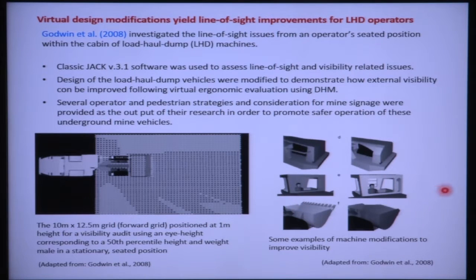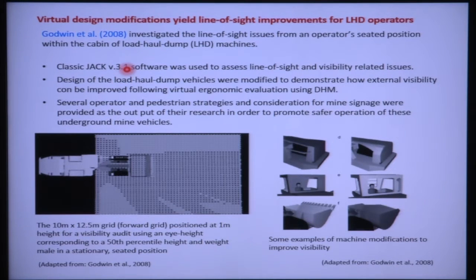In another research reported by Godwin et al., 2008, they investigated line of sight issues from the operator's seated position within the cabin of a load haul dump machine, the LHD machine.